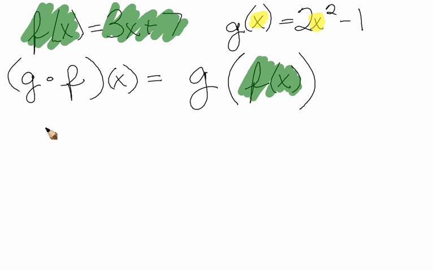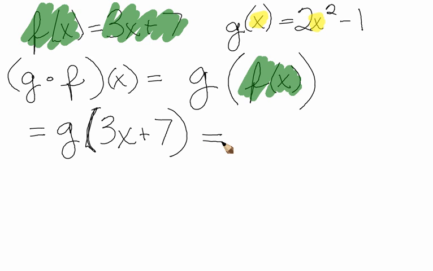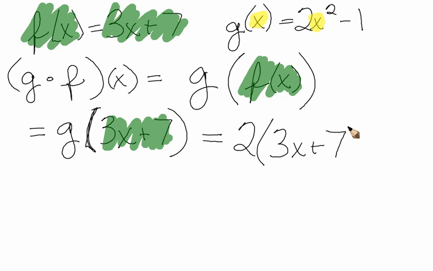So let's try that. This equals g of, okay, and instead of x, we're going to put in 3x plus 7. All right. So what does it mean to plug in 3x plus 7 in place of x right here? We're going to plug it in: 2 times 3x plus 7 squared minus 1.